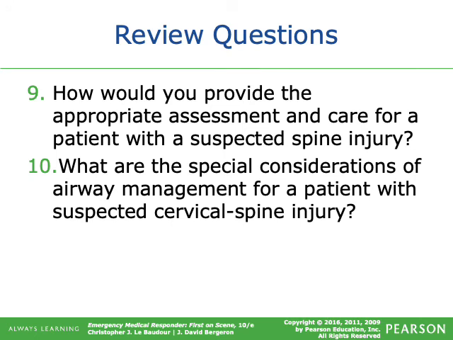What are special considerations of airway management for a patient with a suspected cervical spine injury? You have to be able to maintain the airway. If it's possible, you want to open the airway with a jaw thrust maneuver. However, if that is ineffective, you're going to have to move to a head tilt chin lift maneuver. Airway is always going to take priority, so just treat your patient accordingly.